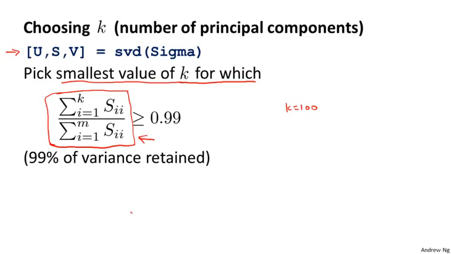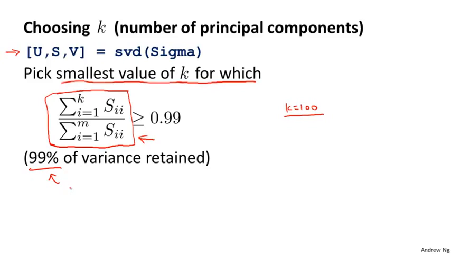If you report that number, people who are familiar with PCA can use it to get a good understanding of how well your 100-dimensional representation is approximating your original data set, because 99% of variance retained is really a measure of your squared reconstruction error, that ratio being at most 0.01, and it gives people a good intuitive sense of whether your implementation of PCA is finding a good approximation of your original data set.